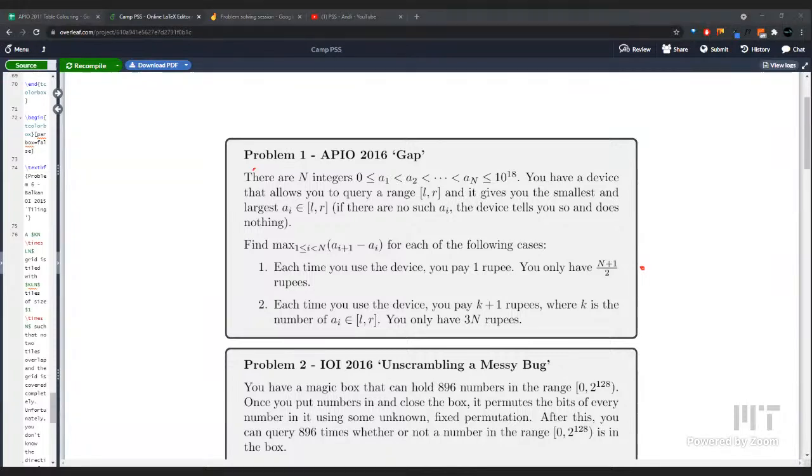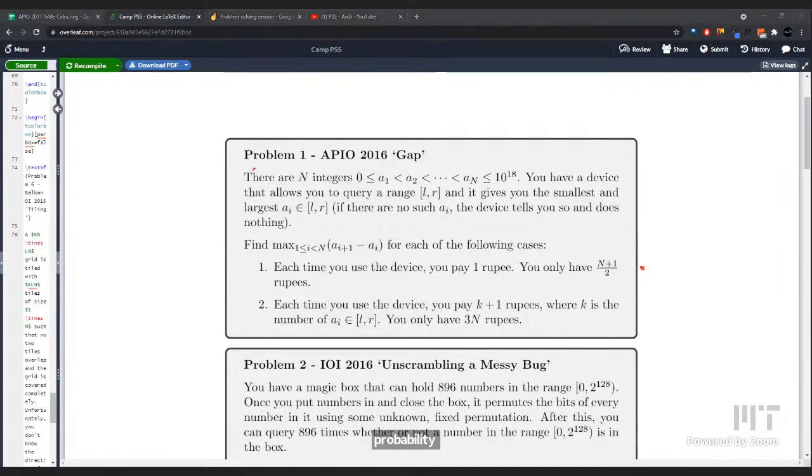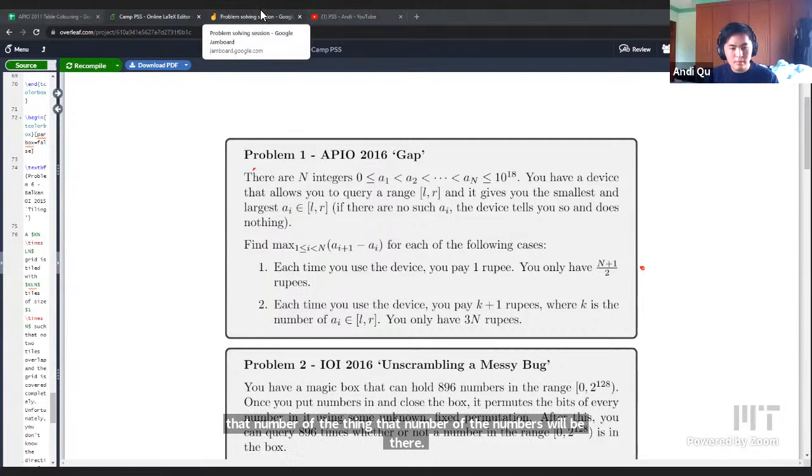Okay, I think what we could do is define some length x that we are iterating through. So from 0 to x, then x plus 1 to 2x, and so on. We just chose something random for now. Afterwards, we can optimize. Then find the probability that the numbers will be in that gap, and then optimize it maybe.